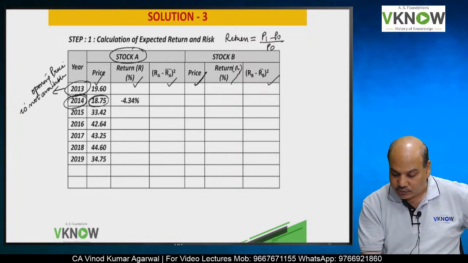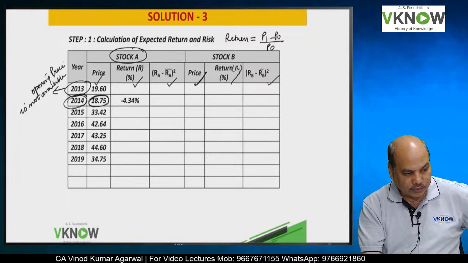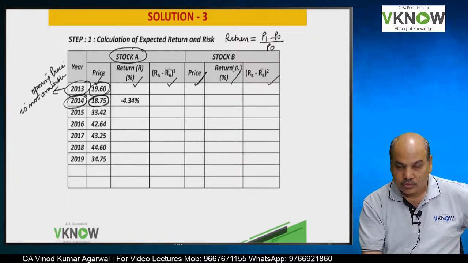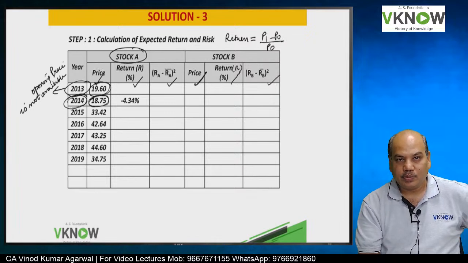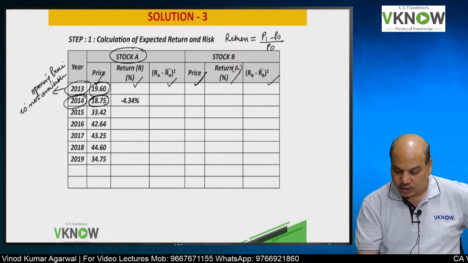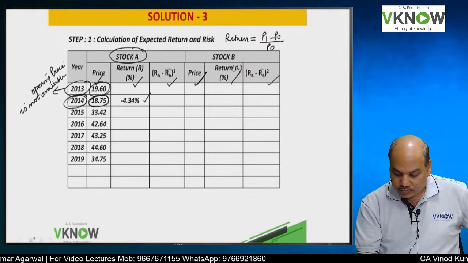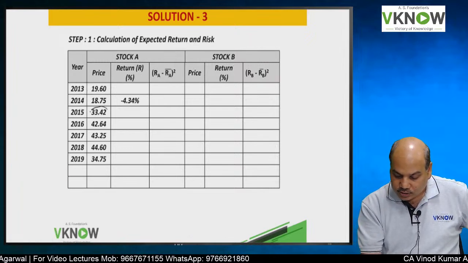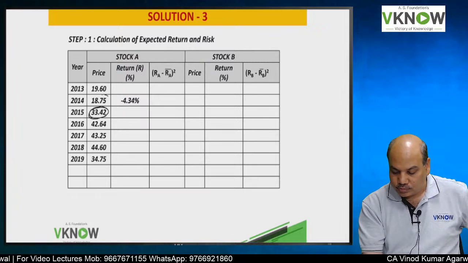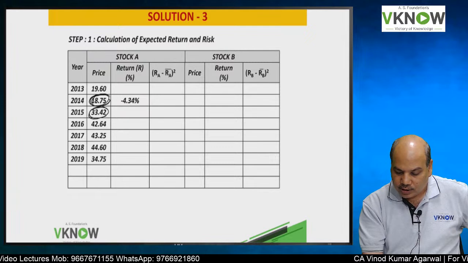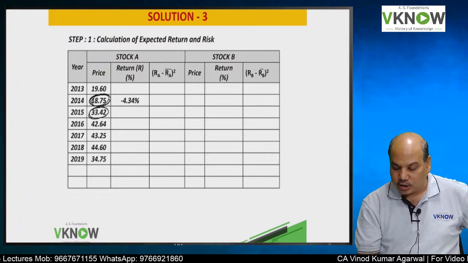Students will have to participate: 18.75 minus 19.60 divided by 19.60 into 100, 4.34% negative. Second time, 33.42 minus 18.75 divided by 18.75 into 100.